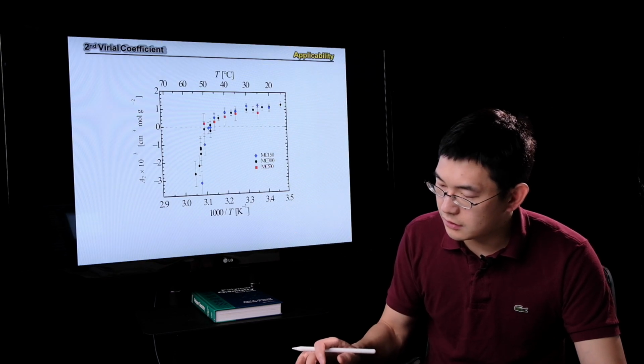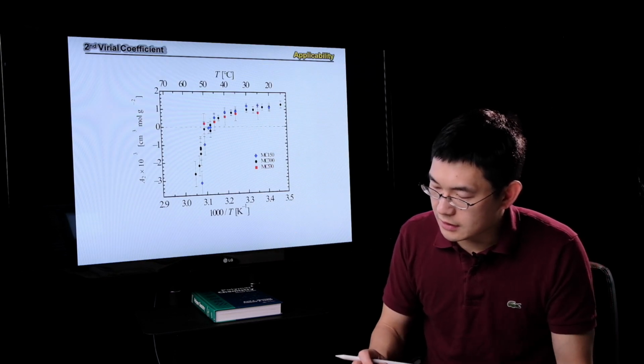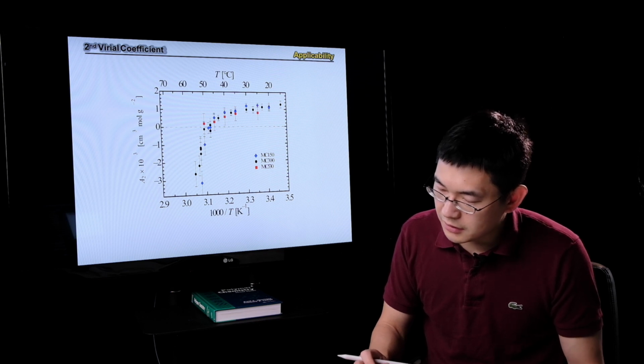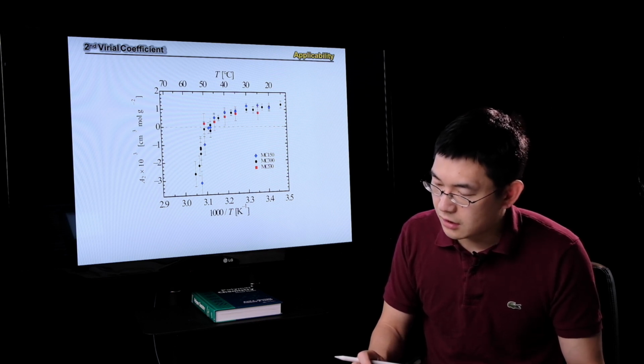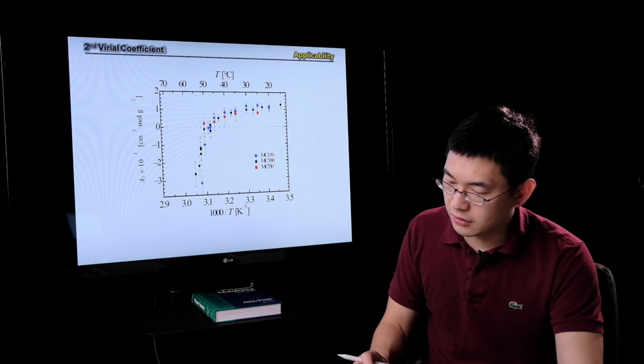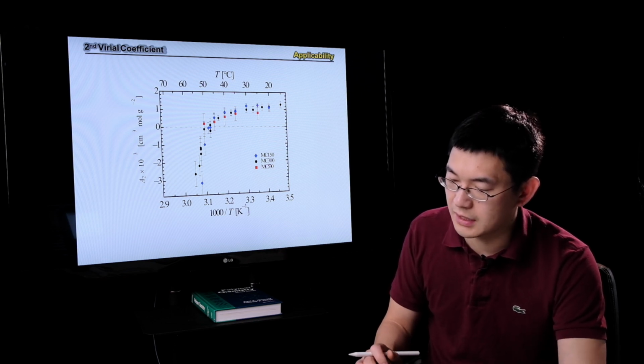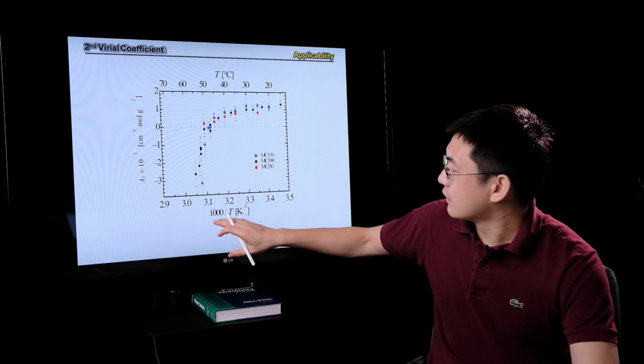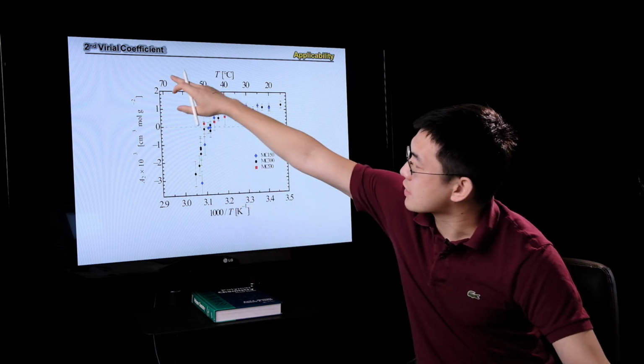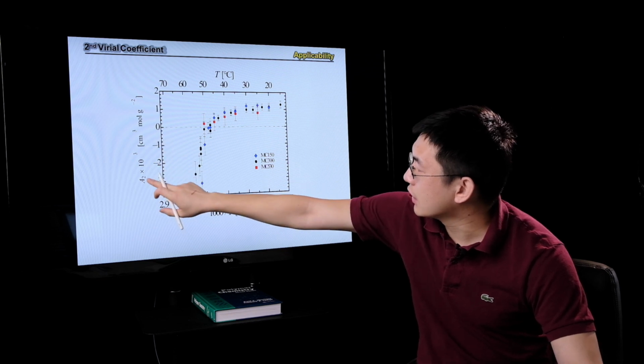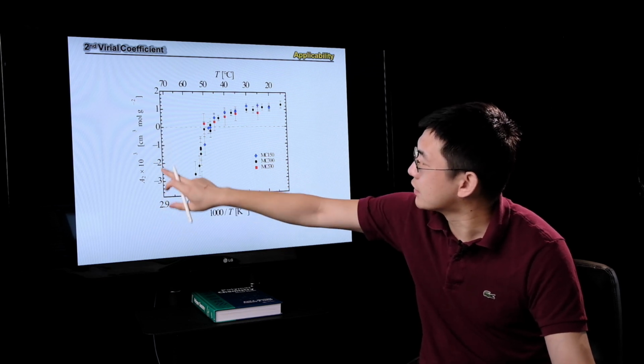So with that, we're going to look at some of the data where you can actually see the A2 term, or the second virial coefficient, swing between negative and positive at different temperatures. This plot is the A2 term, the second virial coefficient.